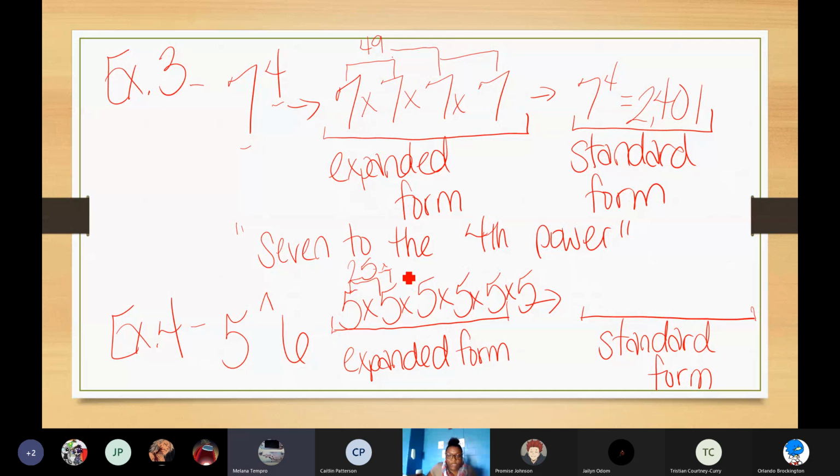125. And then we have to multiply 125 by 5. What would that be? 625. Then we have to multiply 625 by 5. And what would that be?